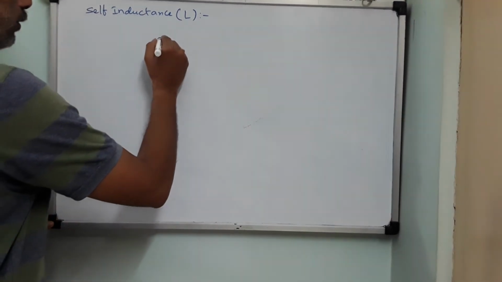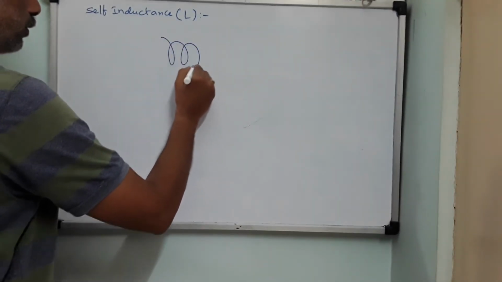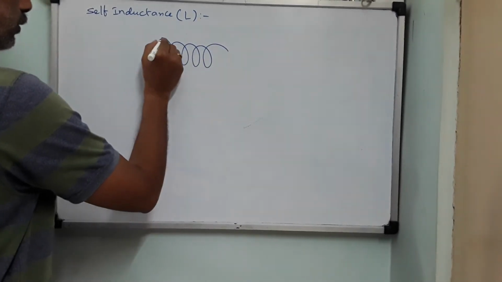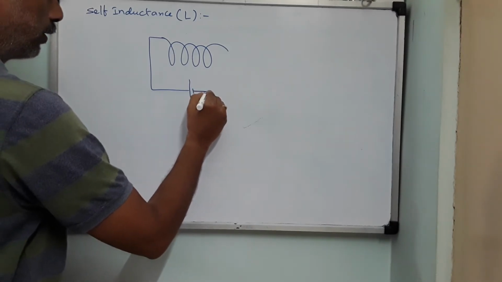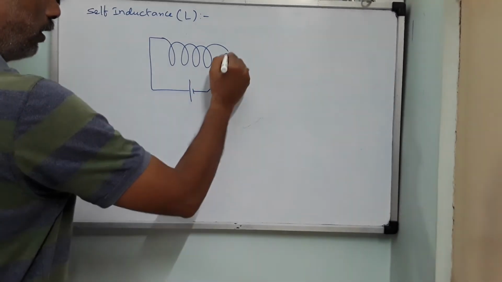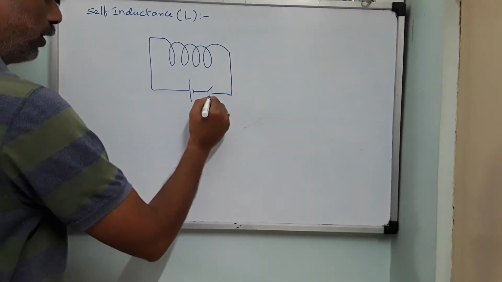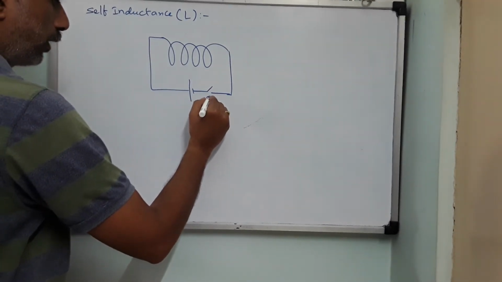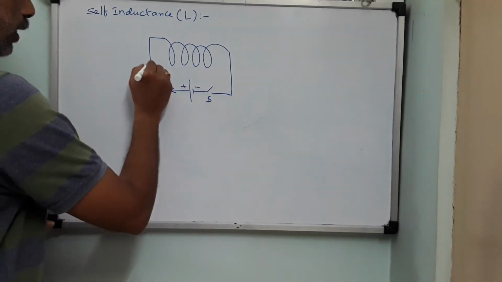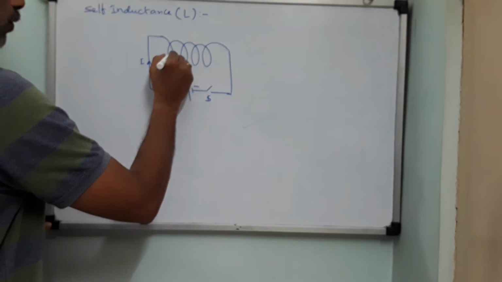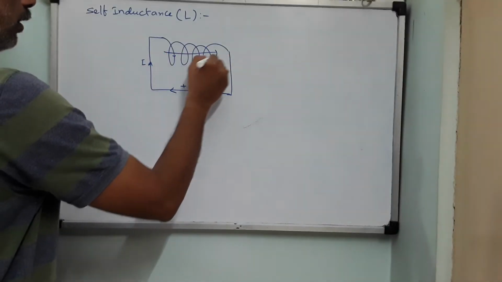You have a solenoid like this. This is connected across a battery with a key, not an ordinary key which we use. This is a switch. Current will flow like this, will go like this.